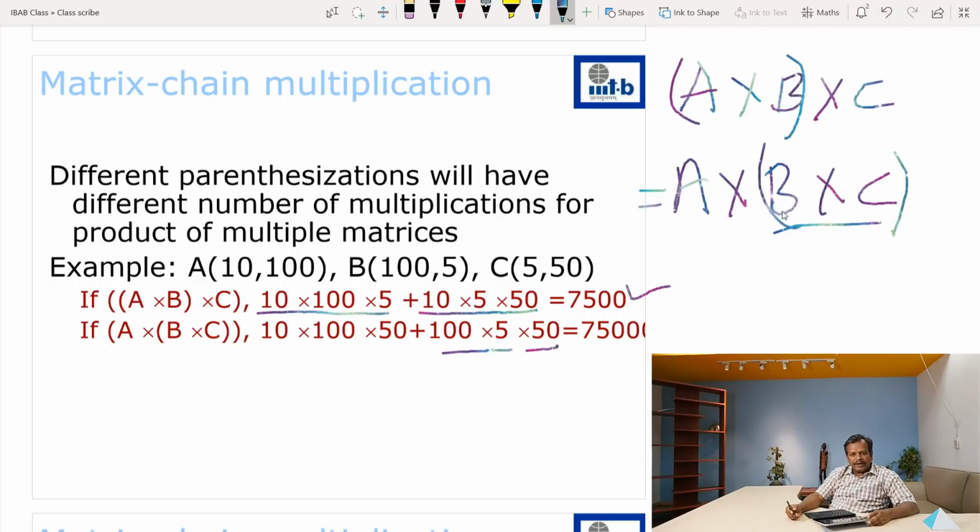If I have to multiply this to the left by matrix A, which is 10 cross 100, it is going to take 10 into 100 into 50 multiplications, right?